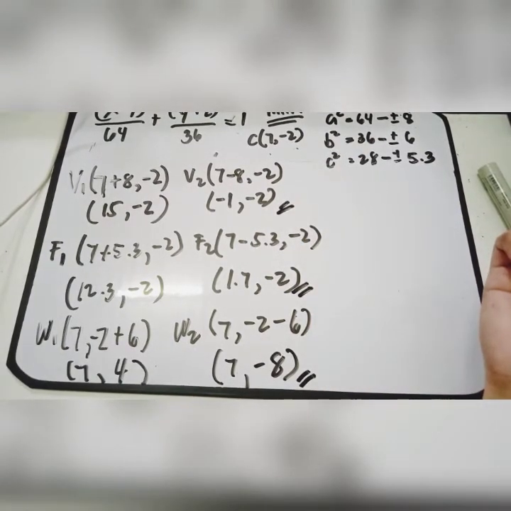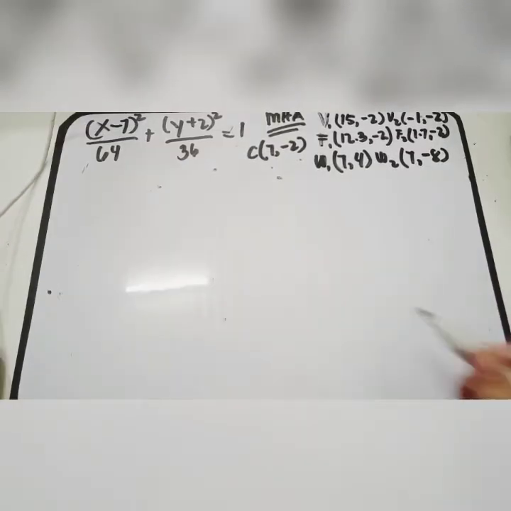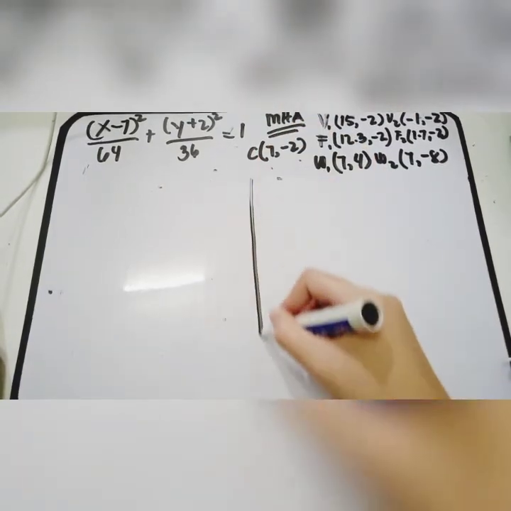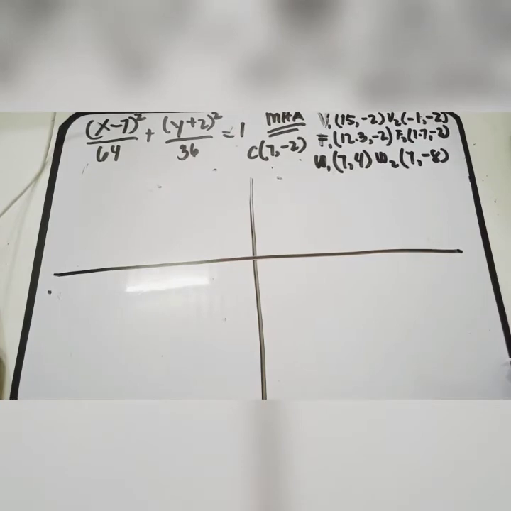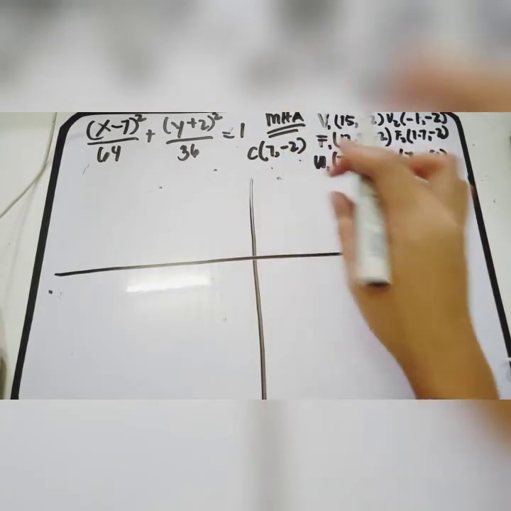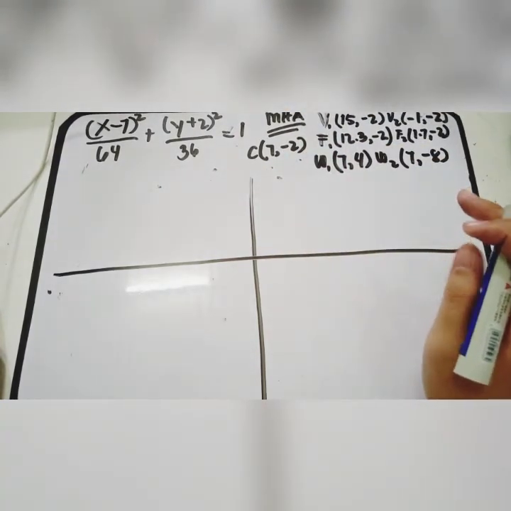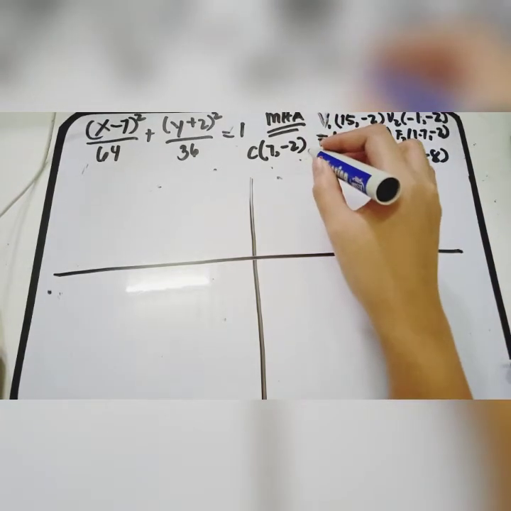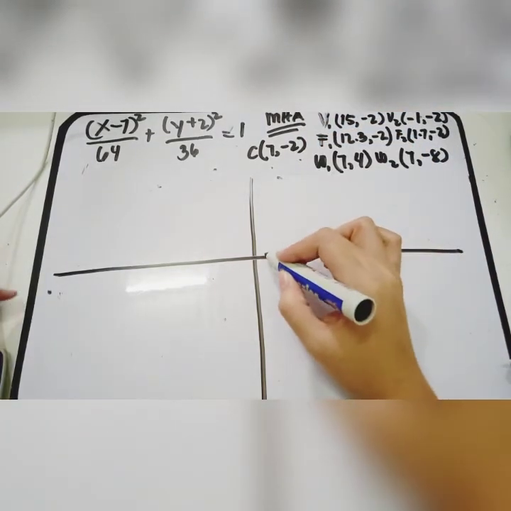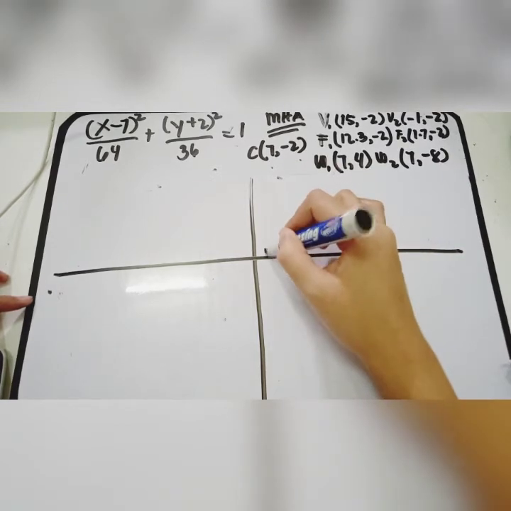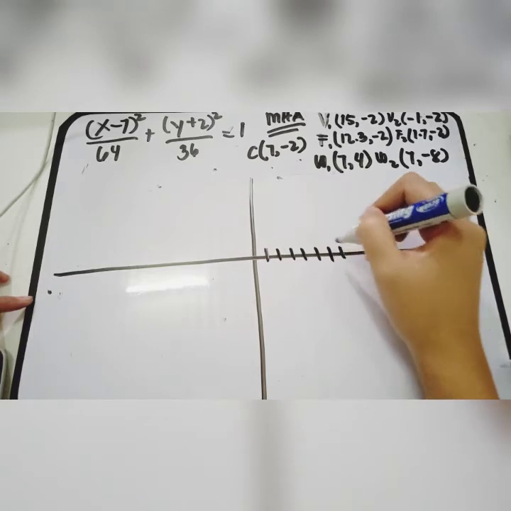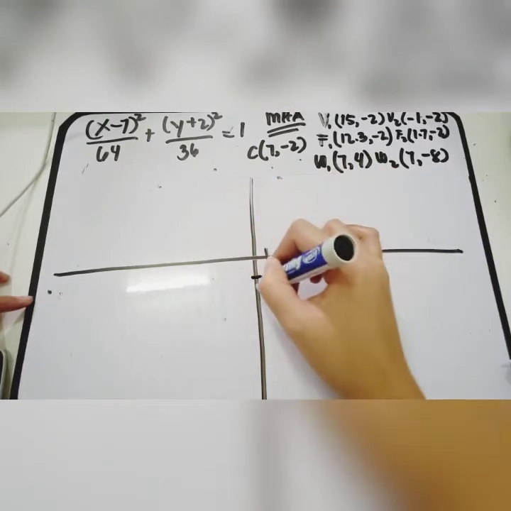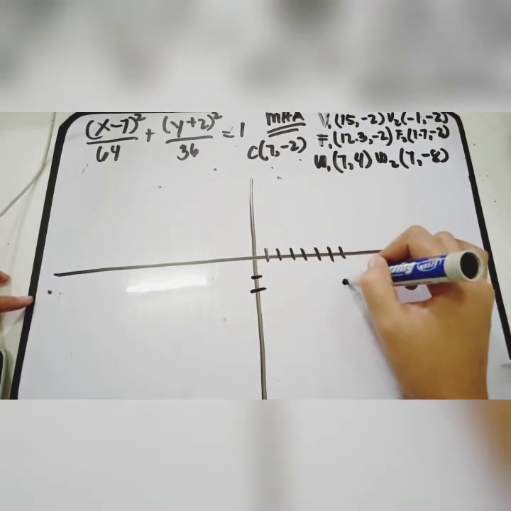So, next is we're going to plot or graph. Okay, let's graph. So, the coordinates of our center point is 7, comma, negative 2. So, here's our positive 7, comma, negative 2. 2, 3, 4, 5, 6, 7. And then, negative 2. So, nasa baba. So, dito siya.